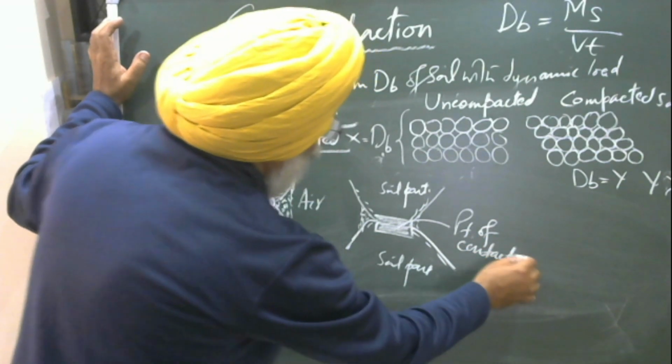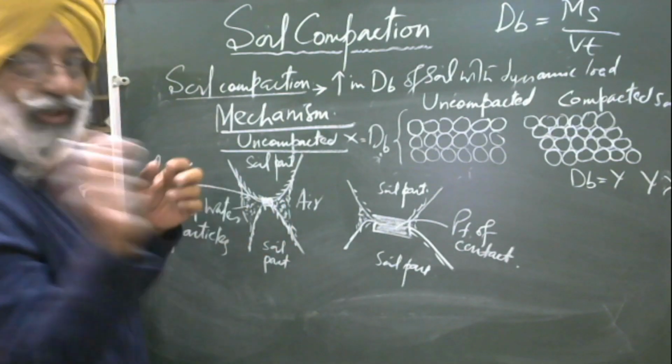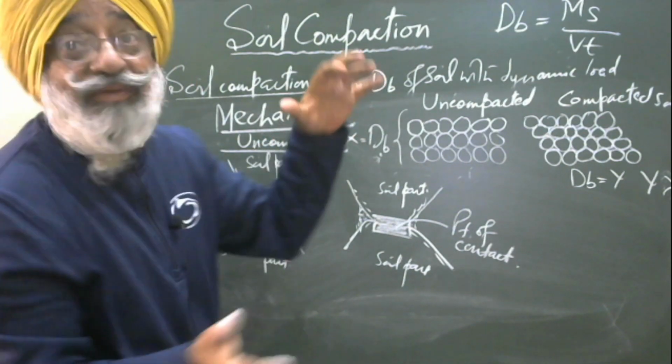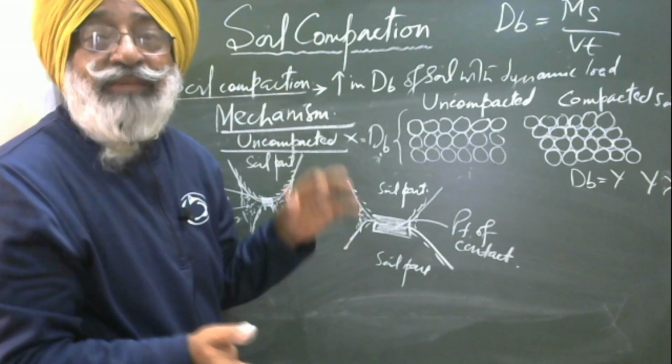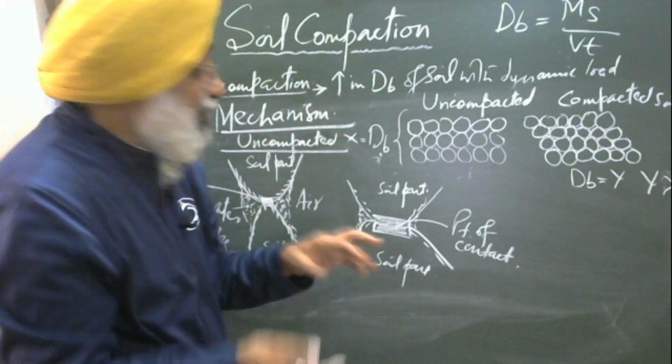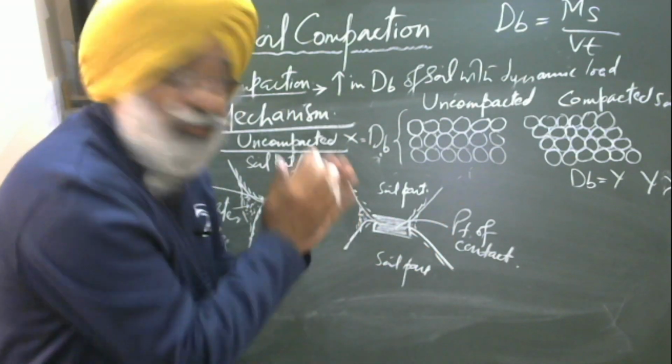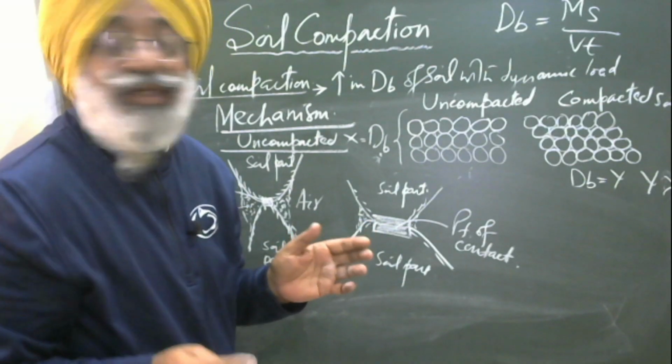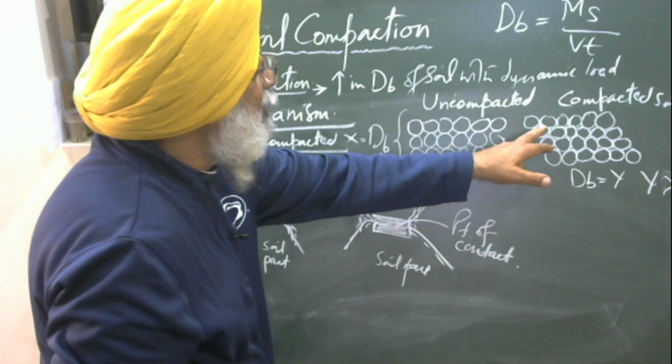Earlier in uncompacted soil there was a small point of contact, but when you have compressed the soil particles, because of rearrangement or compression, the point of contact between the soil particles has increased, like you can see over here.